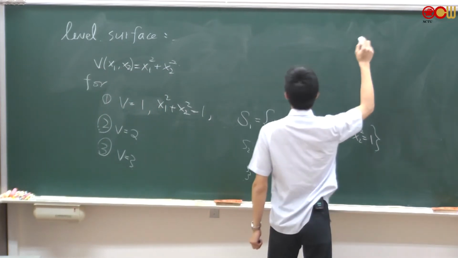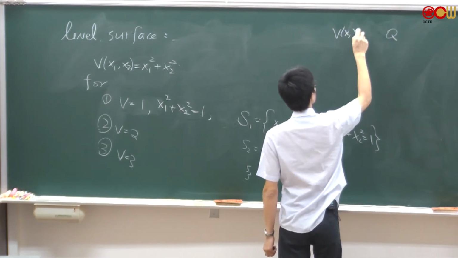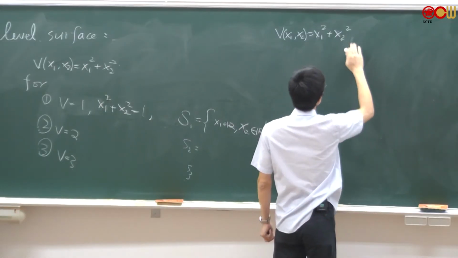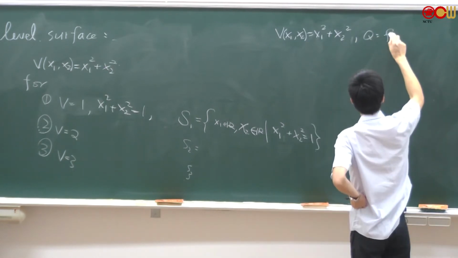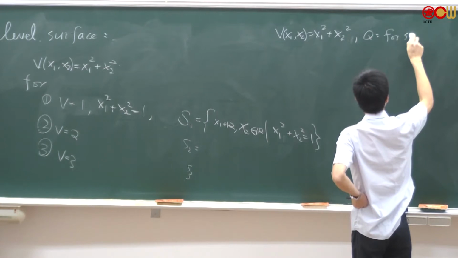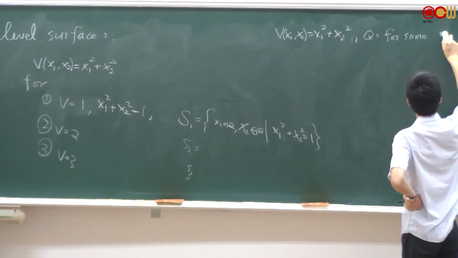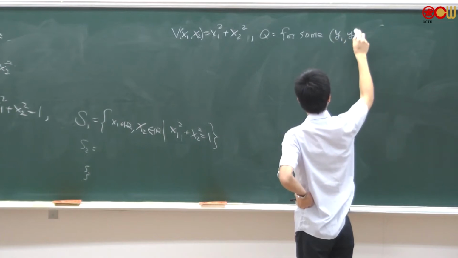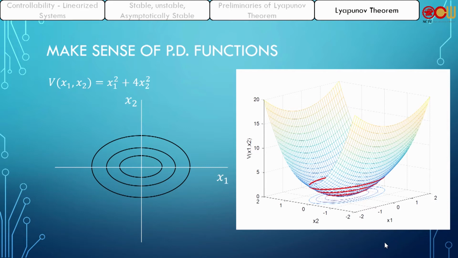Now there's a question for V of x1, x2. Did you agree that for some y1, y2 belonging to S1, this second function, which is also a PD function, right, is also positive definite, which is 0 at 0.